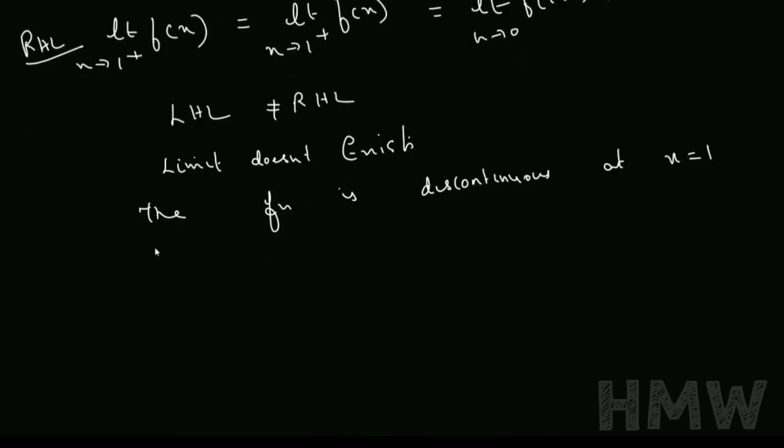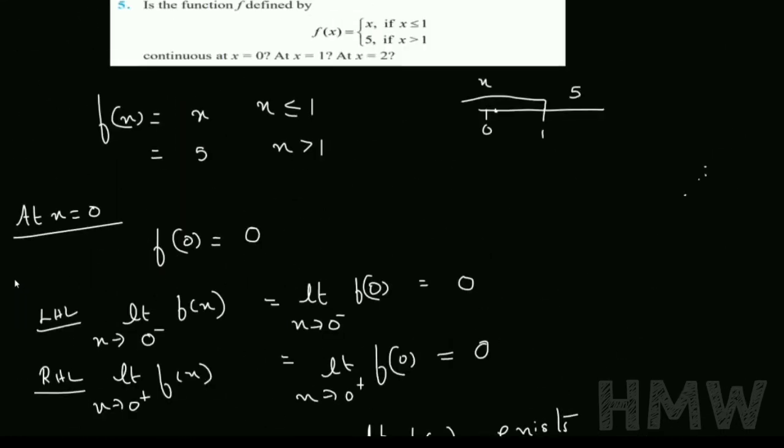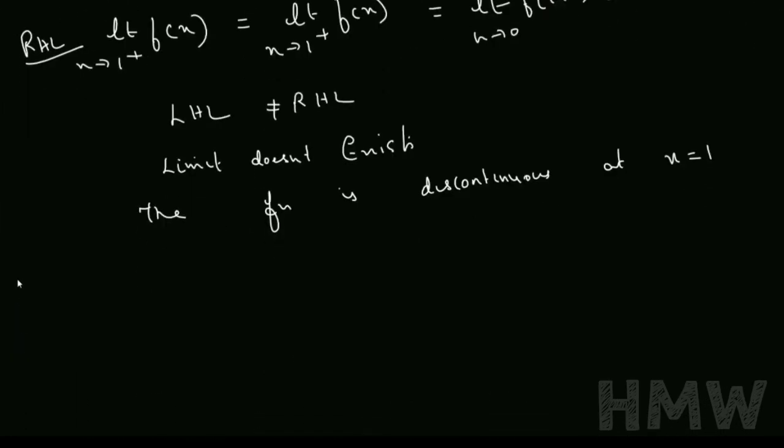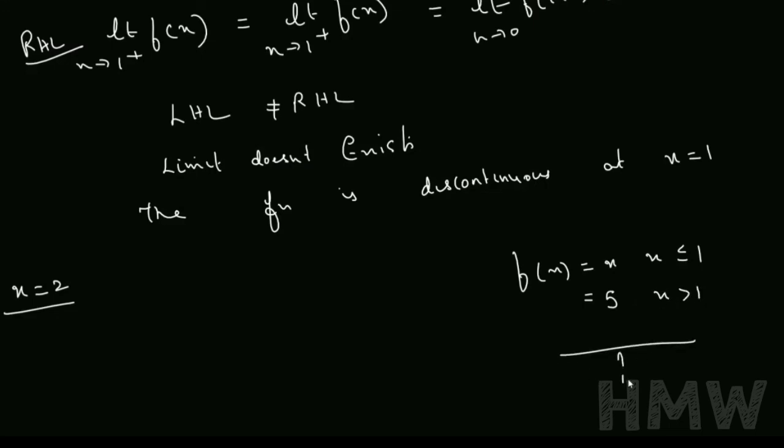Now we'll move on to the next one. Next part of the question is, at x is equal to 2, is this function continuous? So once again, the function f of x is identity when x is less than or equal to 1, equal to 5 for x greater than 1. 2 is somewhere here.